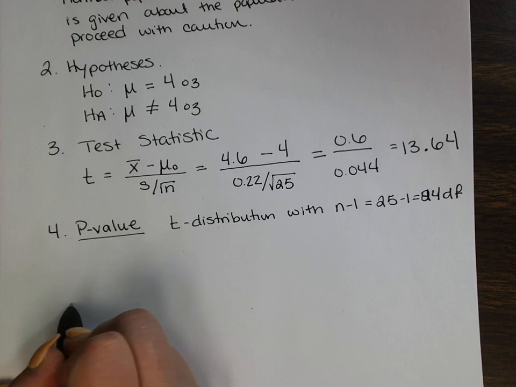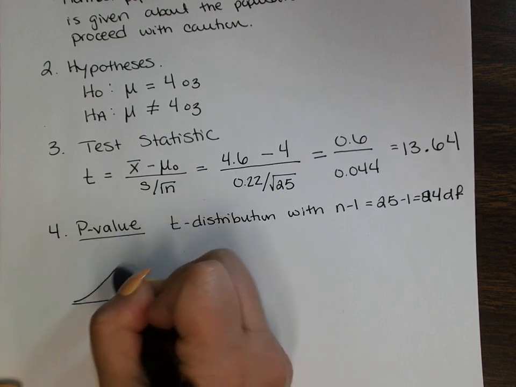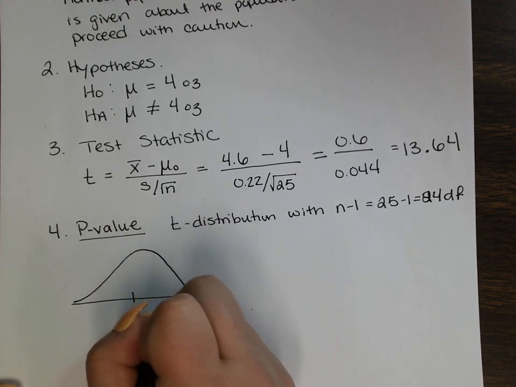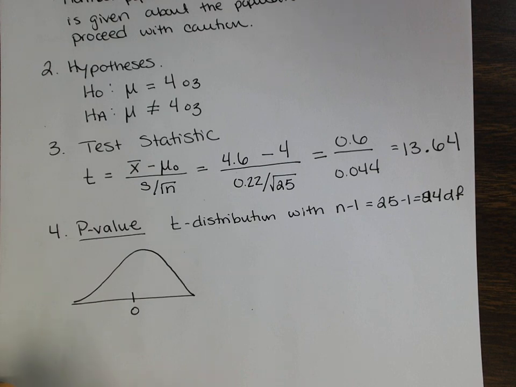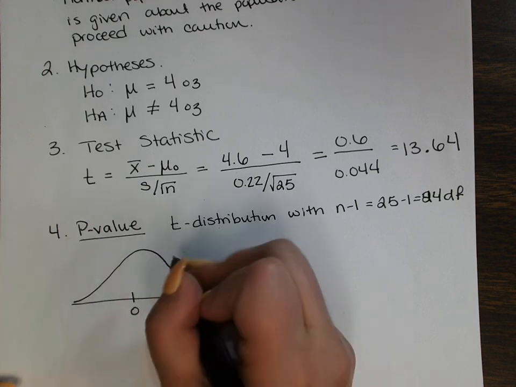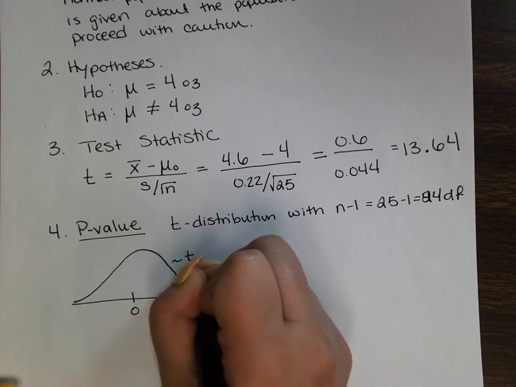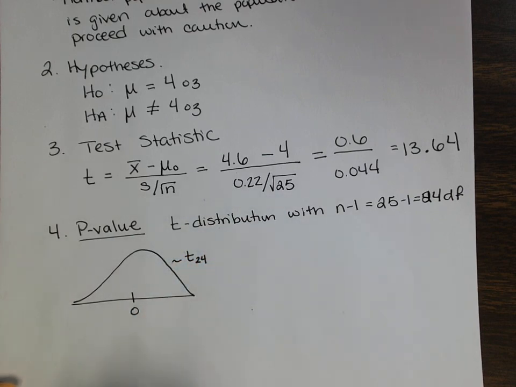Visually, recall the t-distribution is a bell-shaped distribution symmetric at 0. Compared to the standard normal distribution, it has wider tails. So this is a t-distribution with 24 degrees of freedom.